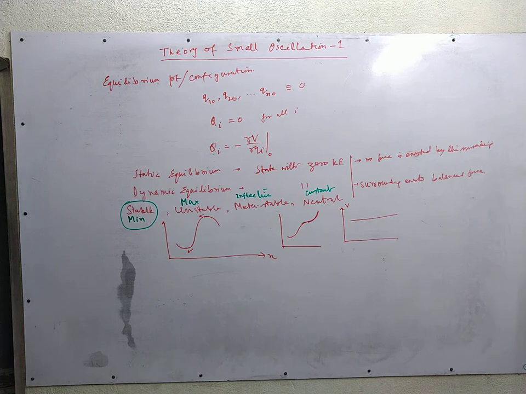We confine or restrict ourselves to the discussion of stability to one-dimensional problems. For stability of more than one dimension, we have already discussed in connection with Lagrange's undetermined multiplier. So we consider a few simple examples of potential and analyze the stability of the potential.